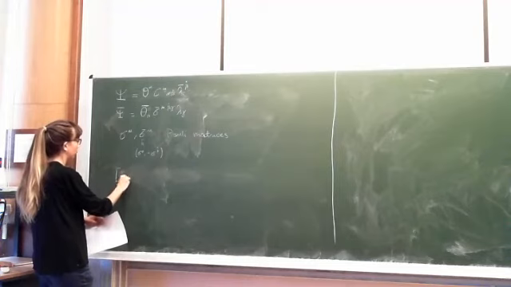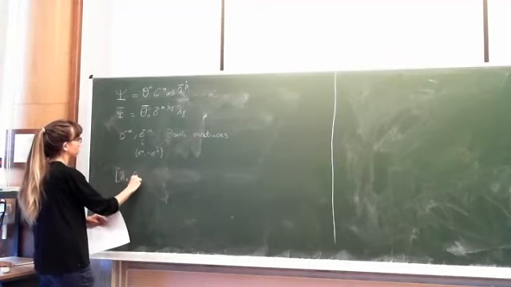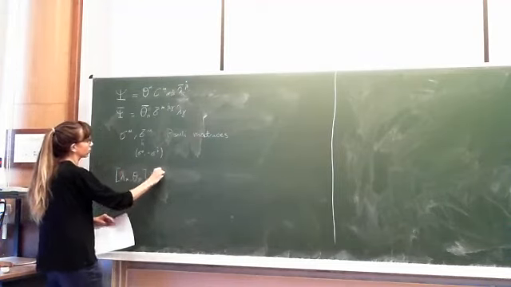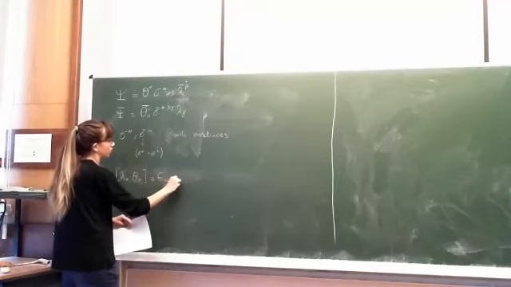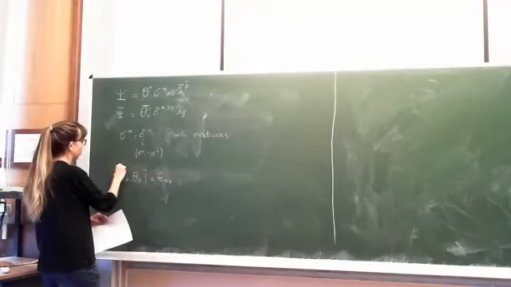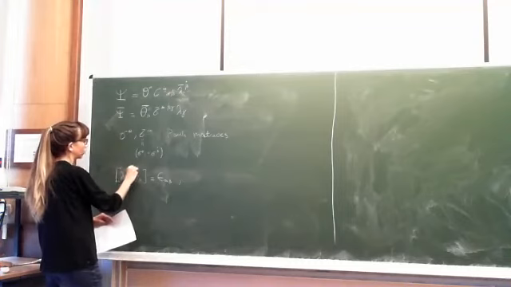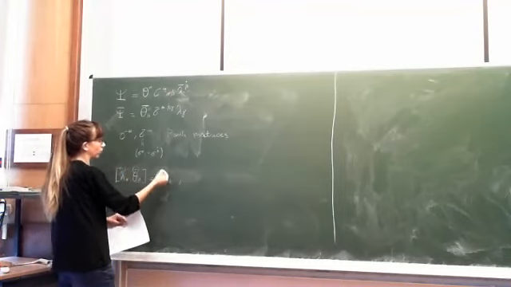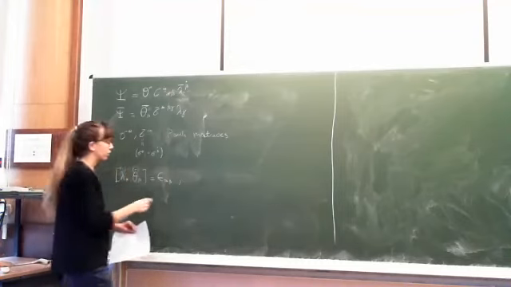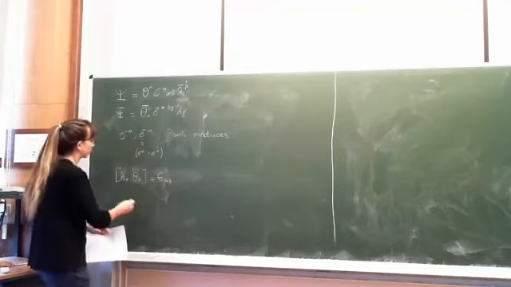Lambda alpha, theta beta, let's say it has to be epsilon alpha beta, and the same has to hold also for the conjugated part with the dots instead. Dots everywhere.